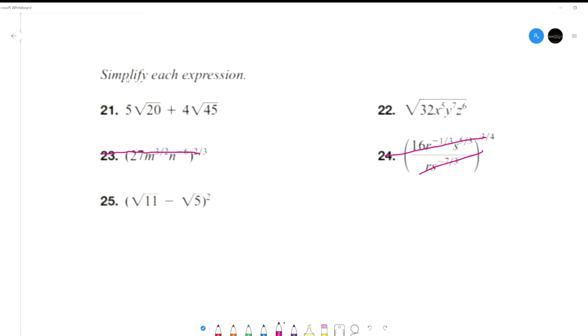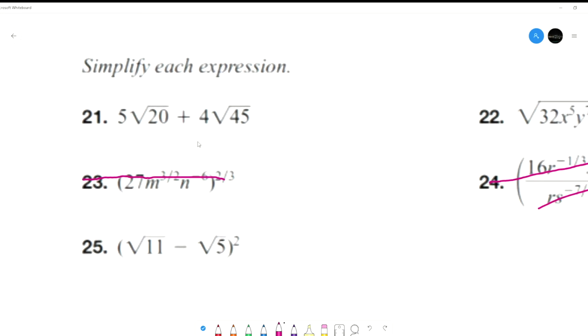The square root of 20, let me zoom in here. Square root of 20 can be simplified, right? We got 4 times 5, so that's the square root of 4 times radical 5, so that's 2 radical 5. And then for 4 radical 45, we have 4 times radical 9 times radical 5.